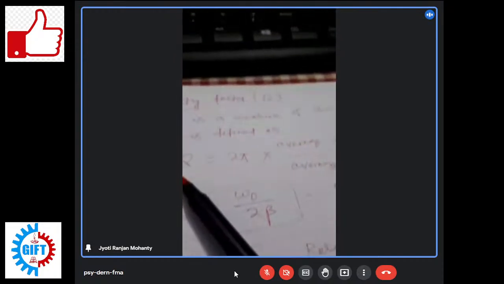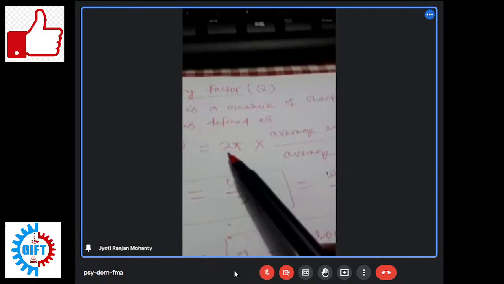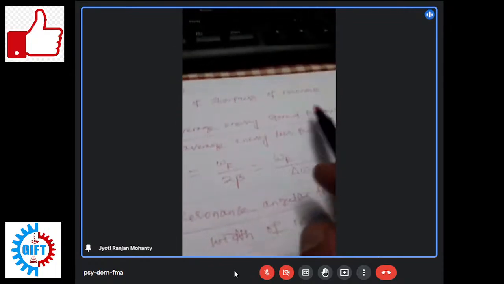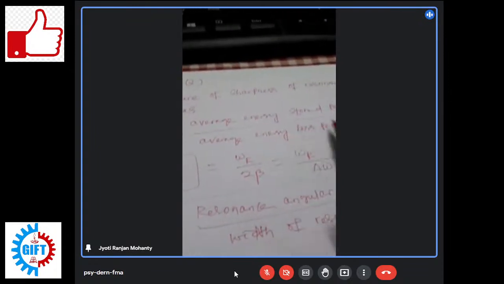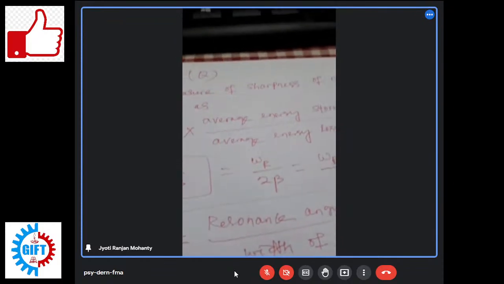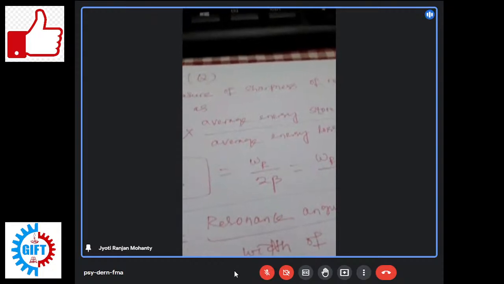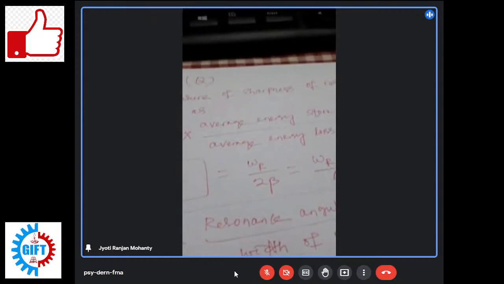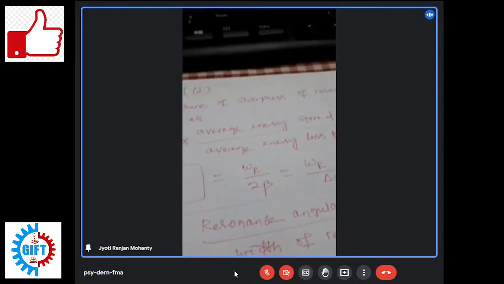It is defined as Q is equal to 2 pi into average energy stored per cycle divided by average energy loss per cycle.